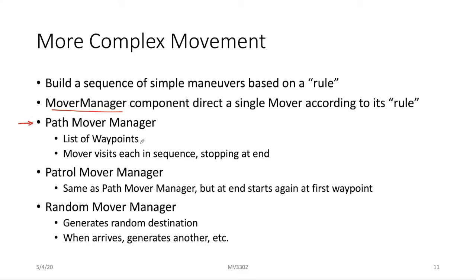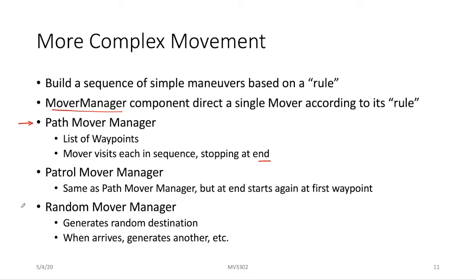It consists of a sequence, a list of waypoints. And again, it's directing just one mover, one mover manager, one mover. It's going to say, go here, and when you're there, go here, etc. It's going to visit each one in sequence, and it's going to stop at the end.